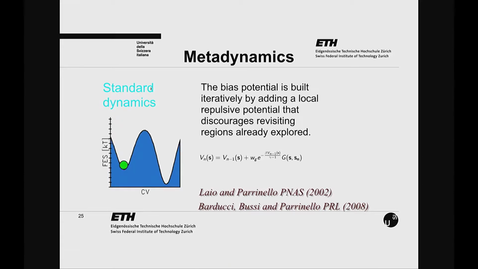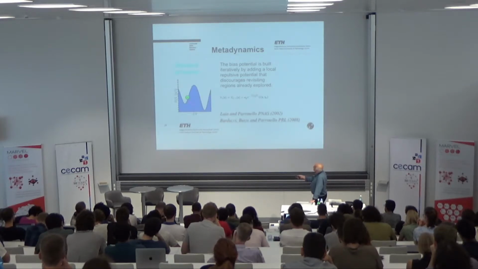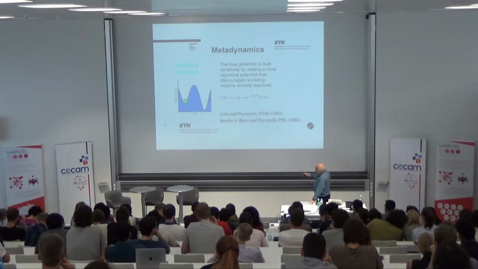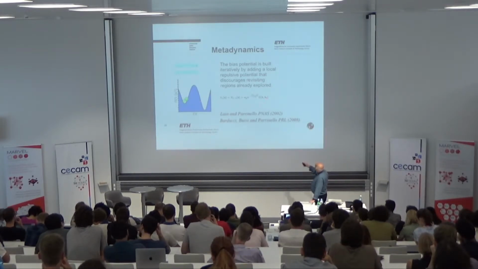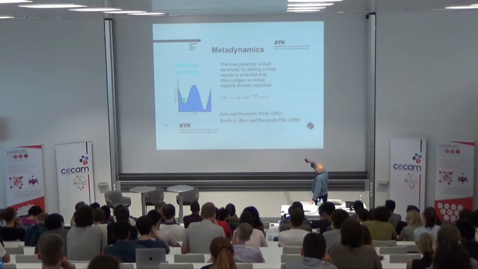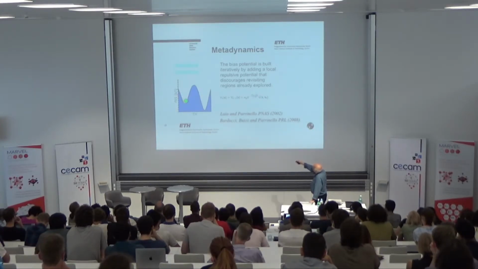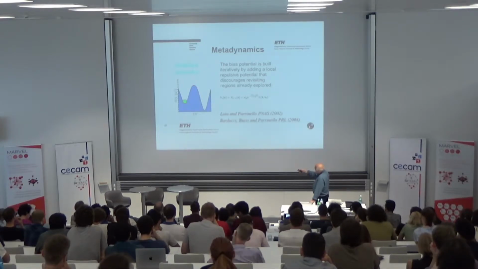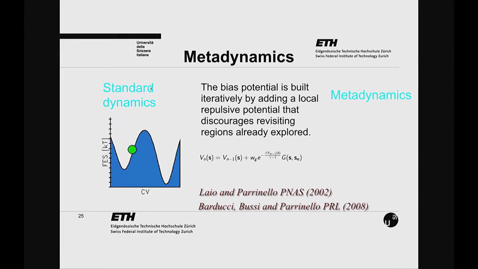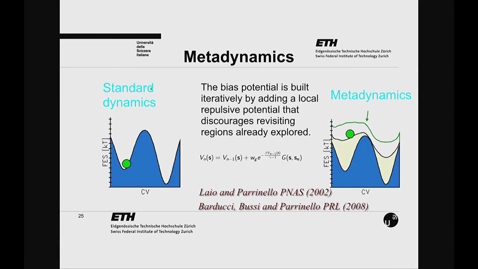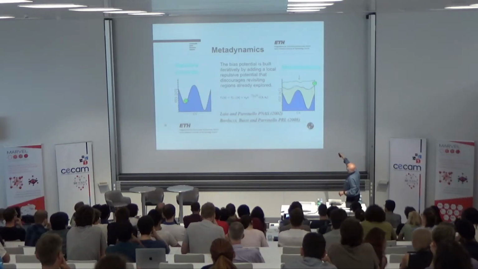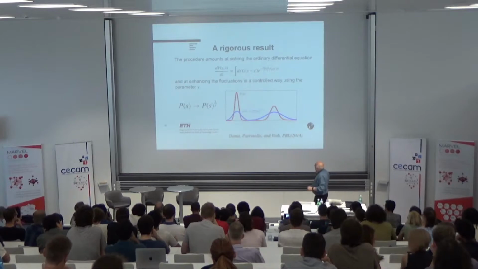If you don't do anything, your system remains confined in one well. It doesn't go over to the other. Then we give a little hand by adding periodically a repulsive potential that fills the well and helps our walker to go from one minimum to the other.